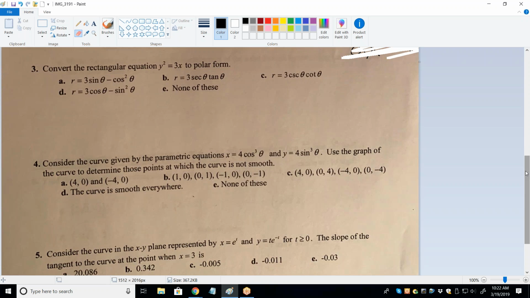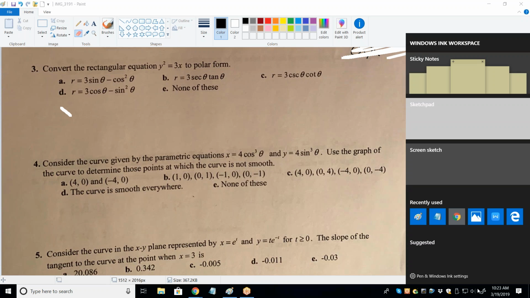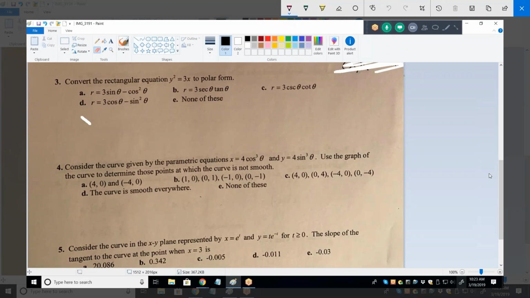If we start with, I did it again. I want to use this, not that. I don't like using this when I'm in Paint. Okay, so I got y squared equals 3x.